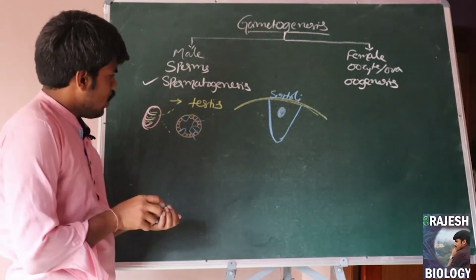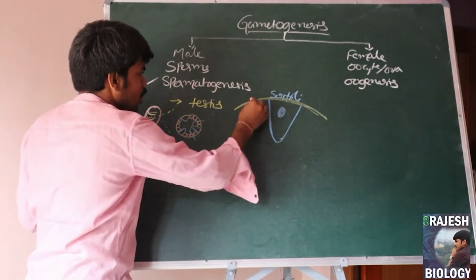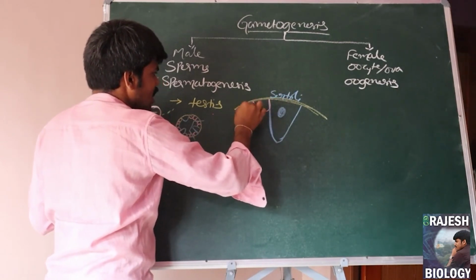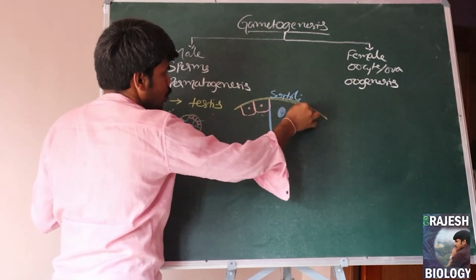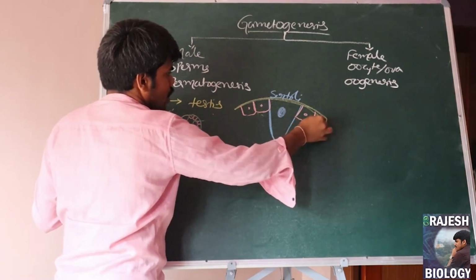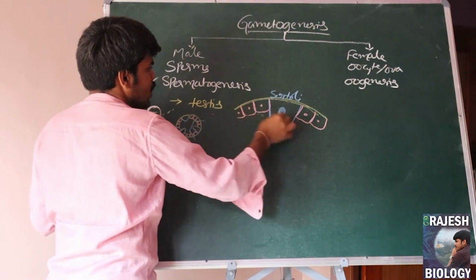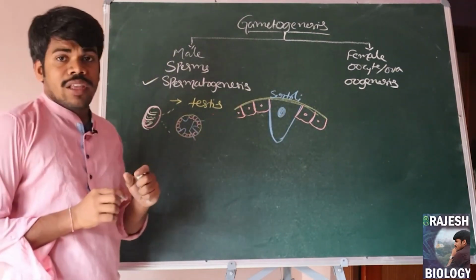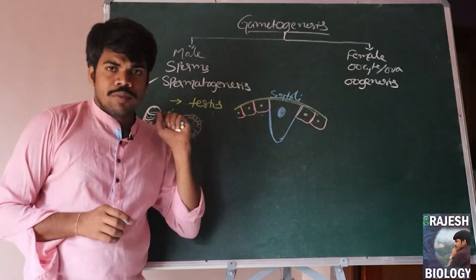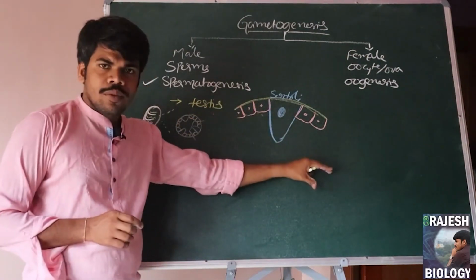And now I am drawing these mother cells. Mother cells are the germ cells. This is not nutrition. Male germ cells are going to produce sperm cells. Is it clear now?